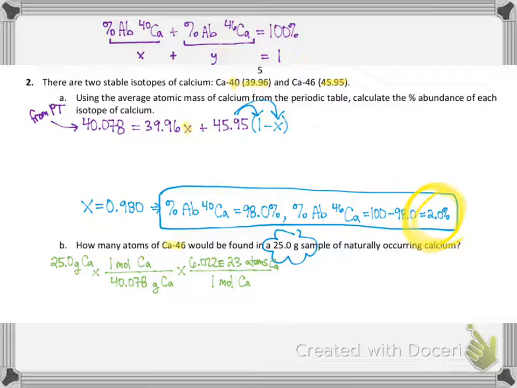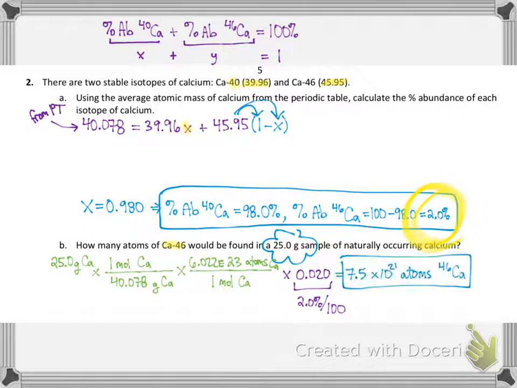So we just need to add one tiny little calculation at the end. We just need to multiply this by 2%, which just means 0.020, because remember, that's 2% out of 100. So that's it, dimensional analysis with a tiny bit of a twist. And that's how you will get a delicious number of calcium 46 atoms.